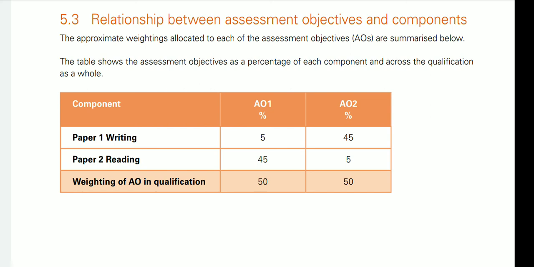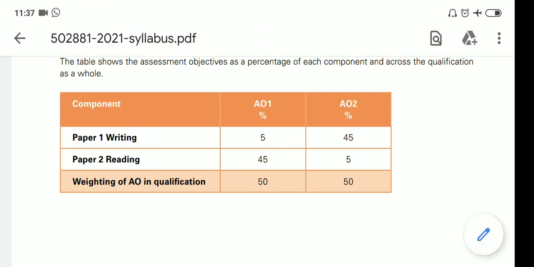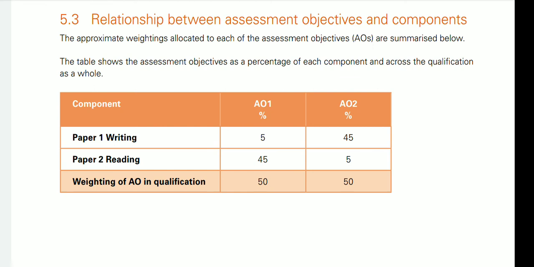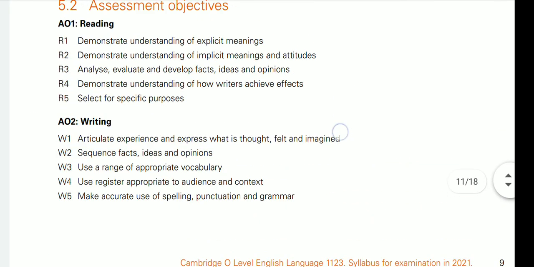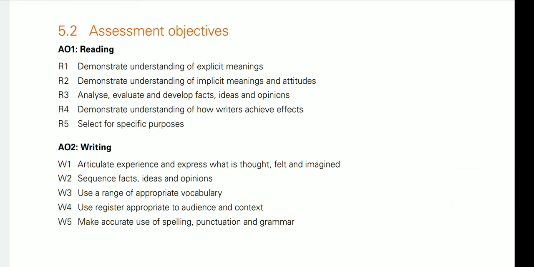So even in the writing paper, 5% of the assessment objective of reading is also used, because you need to understand in the first place what you are required to write. So reading is also important. If you have not understood the narrative, or the directions given in the directed writing, it means you are lacking in your reading skills. So 5% of the assessment objective even in the writing paper is this one, right?